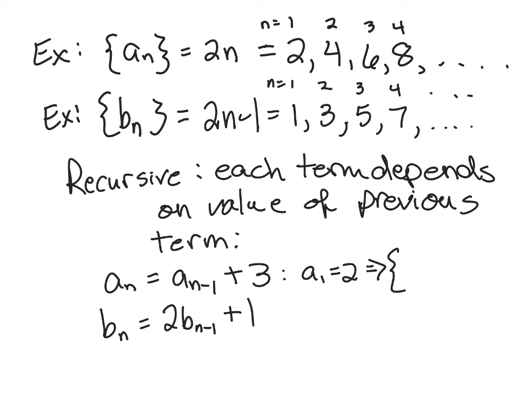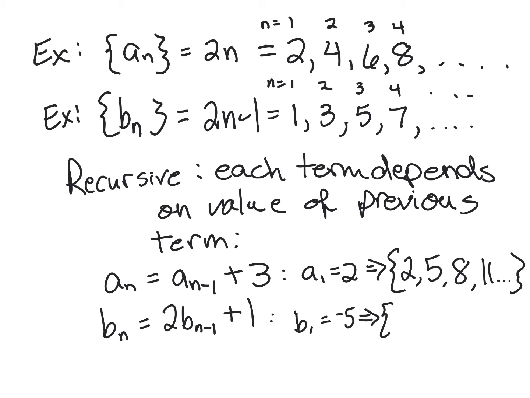That would give, so for the counter 1, a sub 1 is 2, and then the next term would be the previous term with 3 added. So we have 2 plus 3 would be 5, and then 5 plus 3, and then 8 plus 3, and so on, like that. If b sub 1 is defined as being, say, minus 5, remember the counters can't be negative, but your terms can be anything.